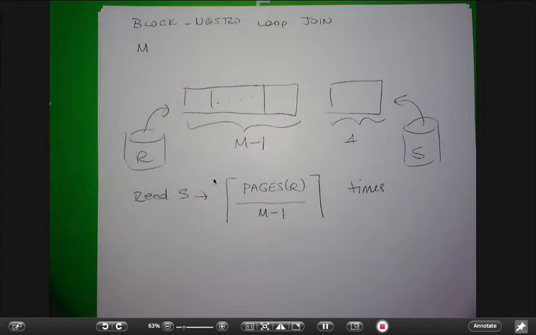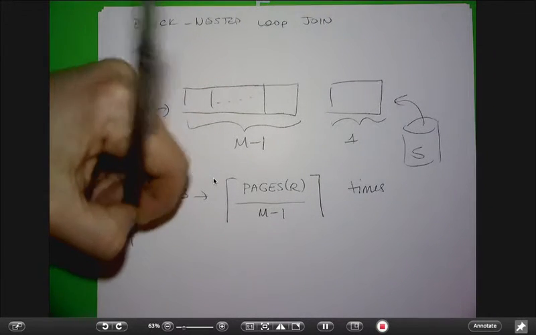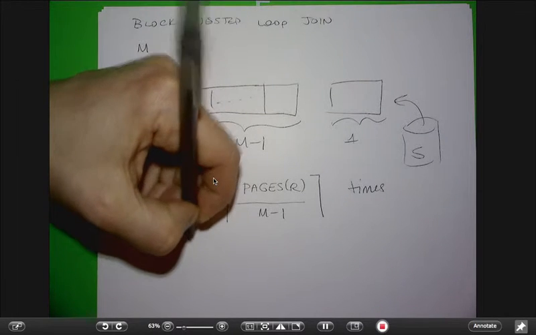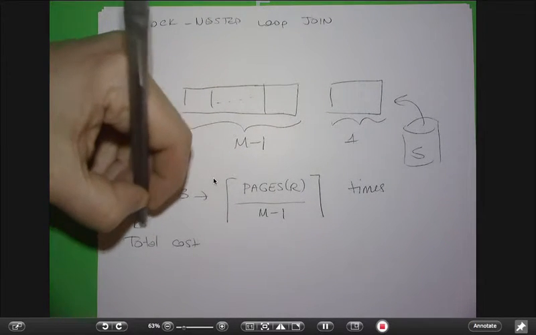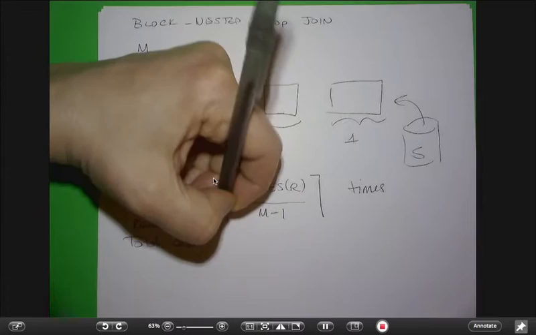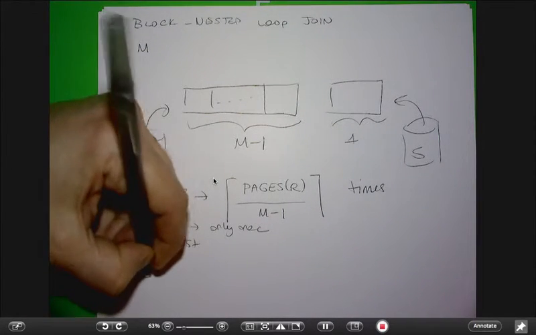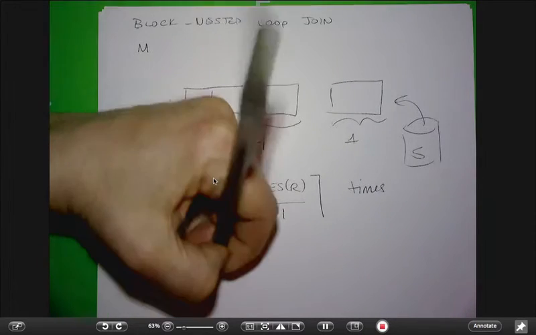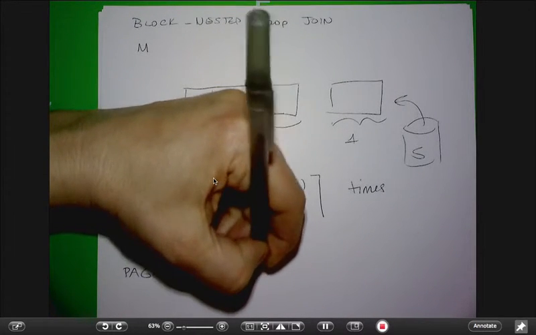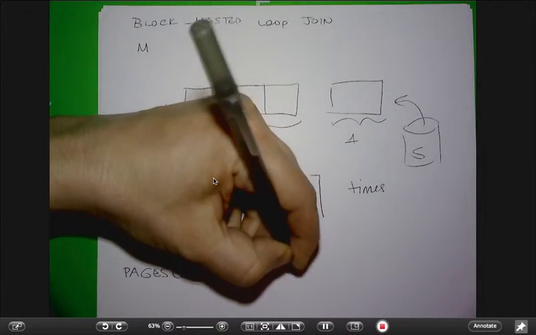Remember that you read R only once. So now the total cost in this case is pages of R plus pages of S times that ceiling, like this.